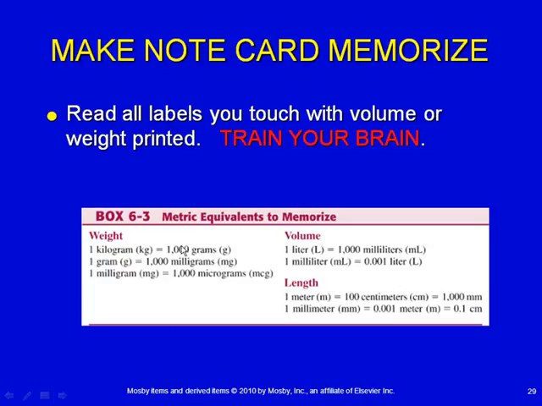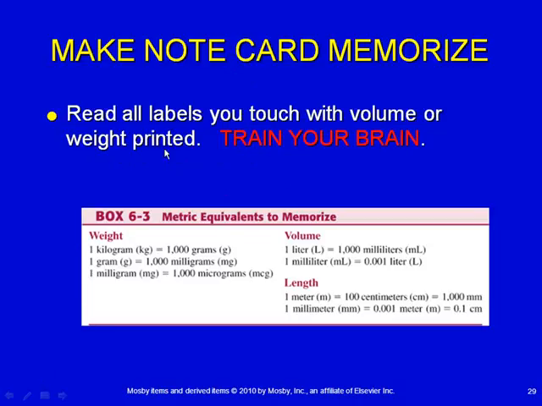A kilogram is 1,000 grams. 1 gram equals 1,000 milligrams. 1 milligram equals 1,000 micrograms. 1 liter equals 1,000 milliliters. 1 milliliter equals 1,000th of a liter. A meter equals 100 centimeters. A meter equals 1,000 millimeters. A millimeter is 1,000th of a meter.